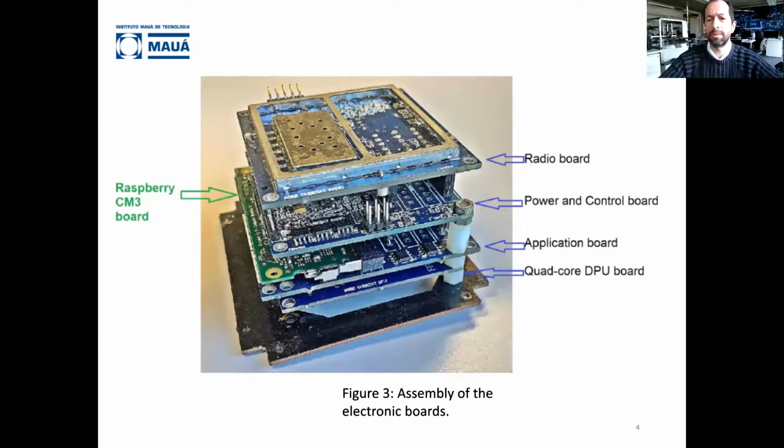Application board is the third board. We can see in green is the Raspberry CM3. It's not a common Raspberry; it's a slot like a memory in your computer. A quad-core DPU is the special board that I told you. Let me show you.